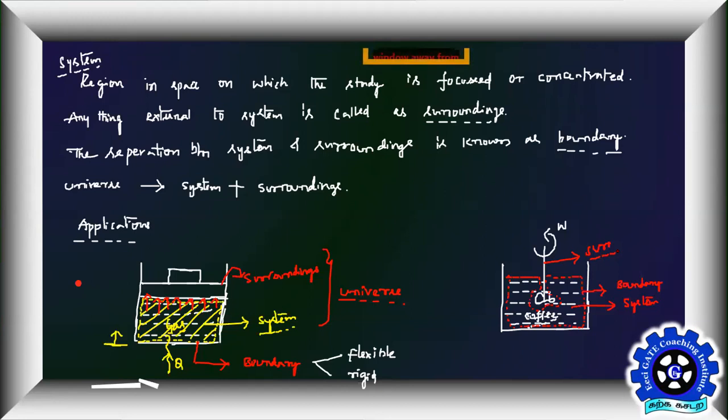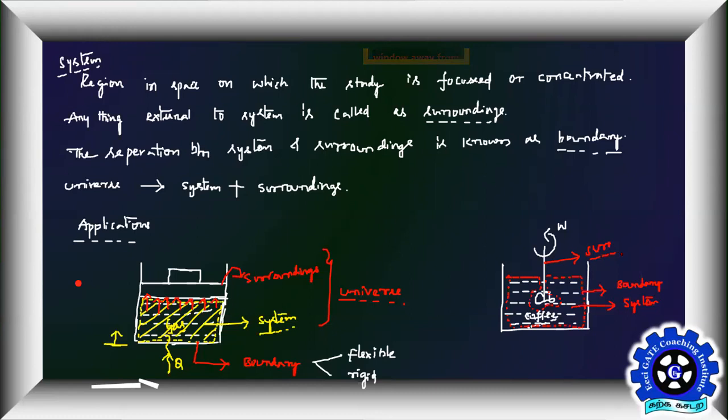Whenever you read a question in thermodynamics, the first thing you should identify is what system they are talking about, what surroundings you need to take care of, and what boundary you want to include. If you are comfortable with these statements, the first part of solving the problem will be over.